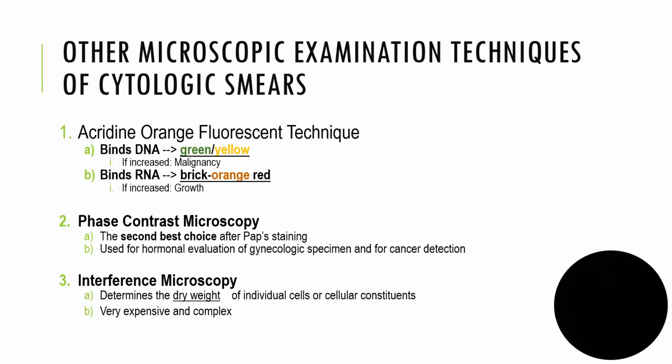Beyond the Papanicolaou stain, there are other microscopic techniques used in cytology. Let us discuss three of them. First, acridine orange fluorescent technique. Acridine orange is a fluorescent dye that intercalates into nucleic acids. When it binds to DNA, it fluoresces green or yellow. An increased green-yellow fluorescence indicates an increase in DNA content, which is associated with malignancy.